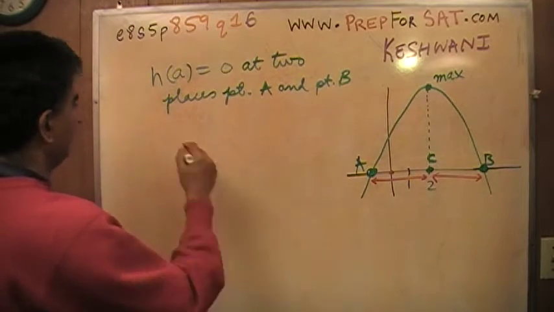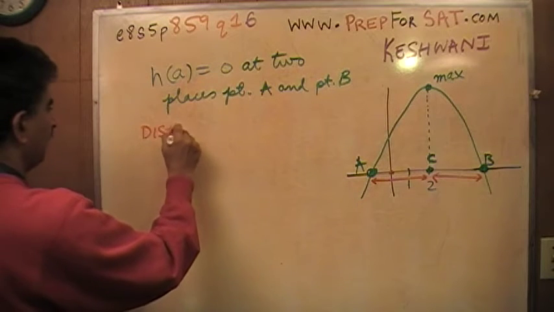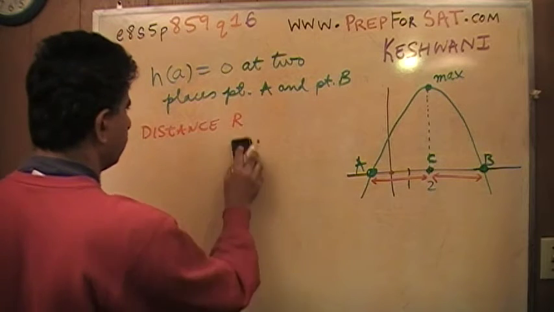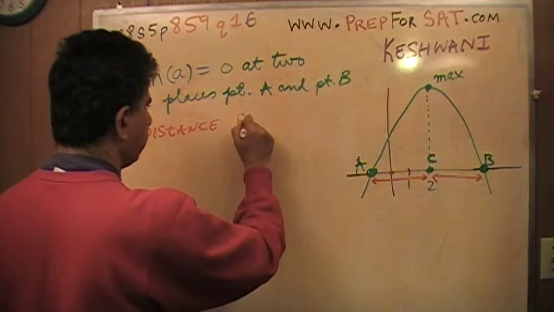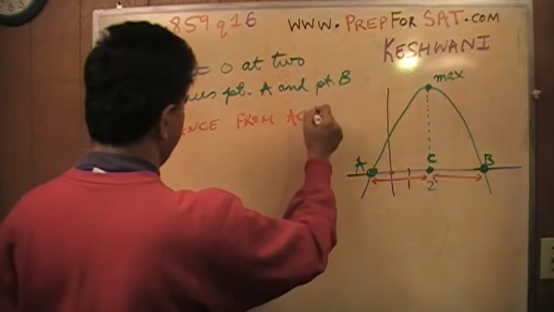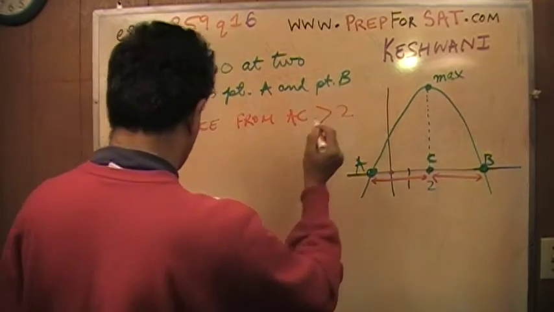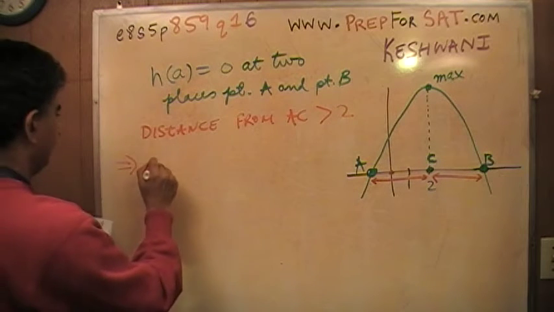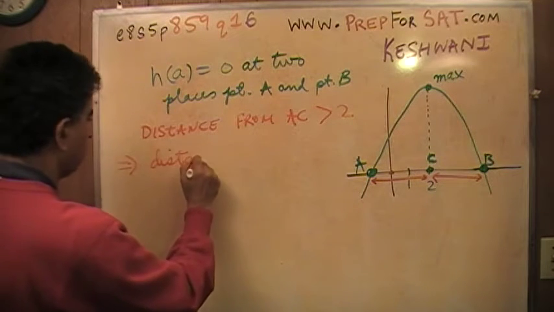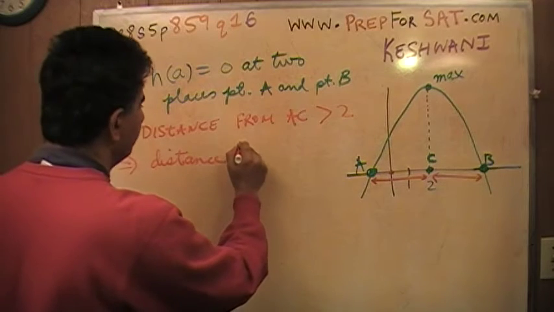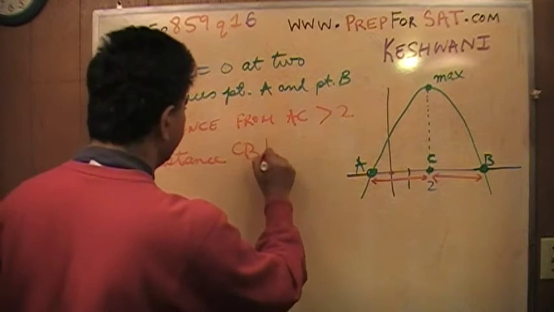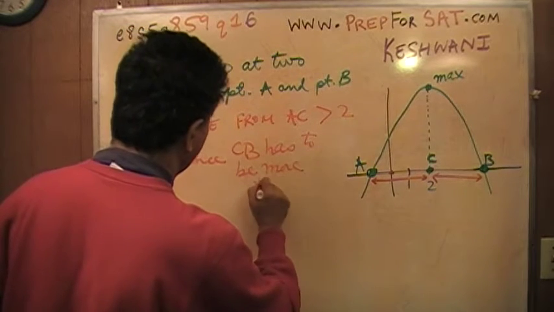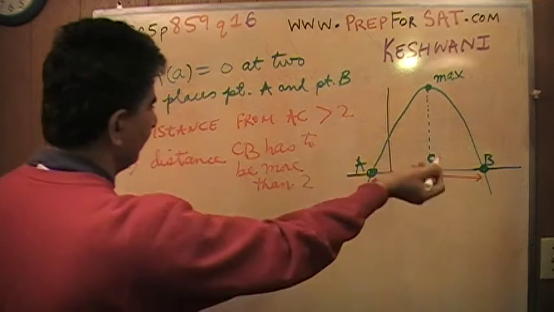The distance from A to C is more than 2, which means that the distance from C to B has to be more than 2 as well, because it's symmetric.